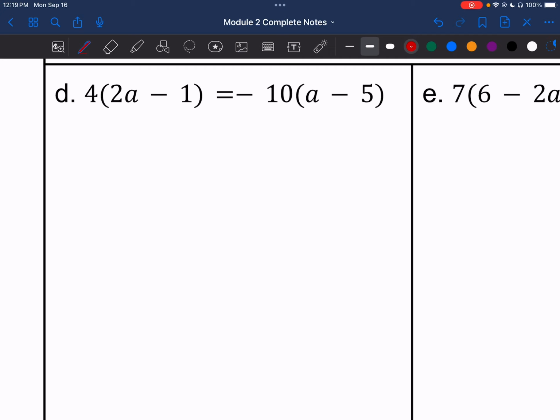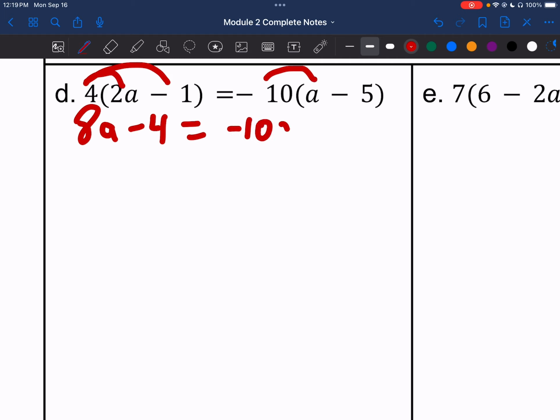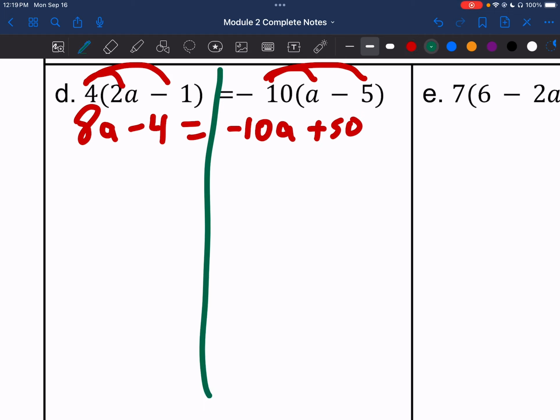All right, our first example here, we've got 4 times 2 is 8a. 4 times negative 1 is minus 4 is equal to negative 10 times a is negative 10a. Negative 10 times negative 5 is plus 50. My next step is to get my variables to where they're going to be positive. So I'm going to add 10a to both sides.